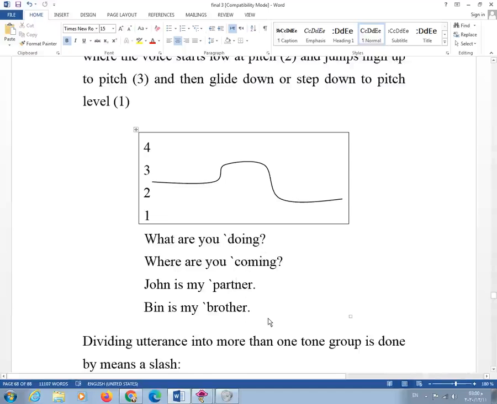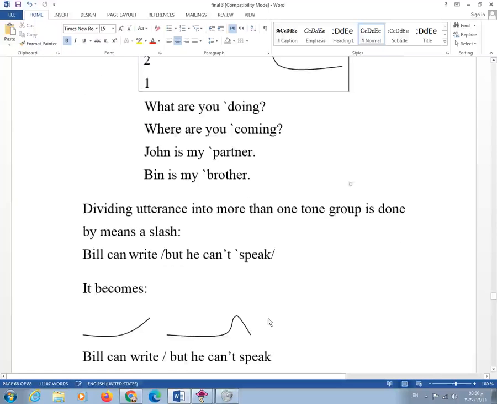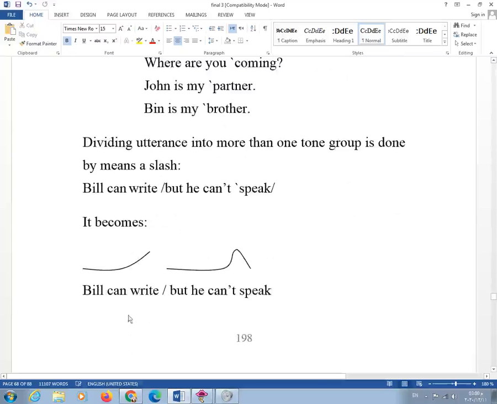Now let's look at this example. Bill can write, but he can't speak. So what are the key words here, or the focus words? Write and speak. Okay, Bill can write. Remember that this is not the end of the utterance.